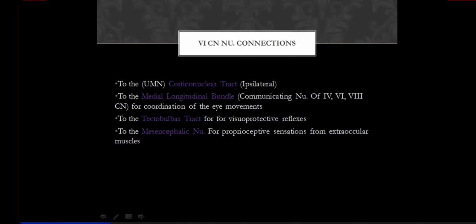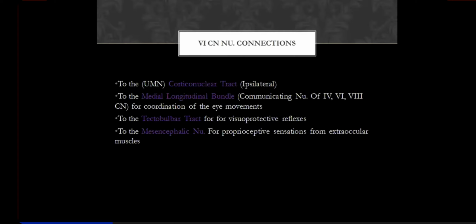So the connections of the abducent nerve will be the same as it was in the case of the oculomotor nerve and trochlear nerve. It will all have the same connections, except the only connection which trochlear and abducent will not have, that will be from the pretectal nucleus. And this pretectal nucleus was communicating to the Edinger-Westphal nucleus of both sides bilaterally for the consensual light reflex, right?